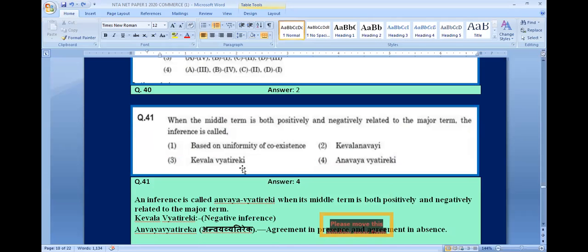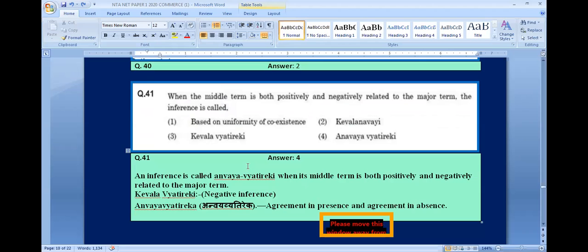When the middle term is both positively and negatively related to the major term, the inference is called Anvaya-Vyatireki. Unless you know the meaning of the Sanskrit terms and have a good understanding, touching this unit will take a lot of your time, and the success is a question mark.